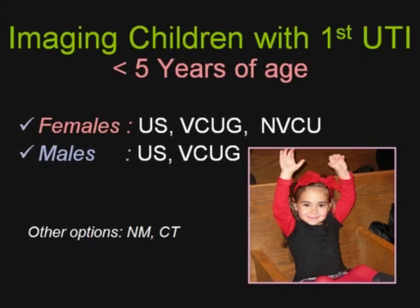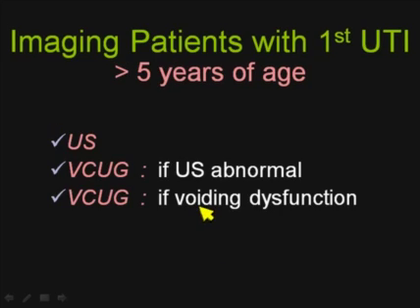The reason in the males that we like to do the VCUG is that they need to have the urethra examined carefully for various things that can cause urinary tract infection and obstruction, particularly posterior urethral valves, any type of diverticulum, or stricture. At times we will use nuclear renal scanning or CT, but it is only reserved for cases in which the ultrasound and the studies for reflux are not conclusive.